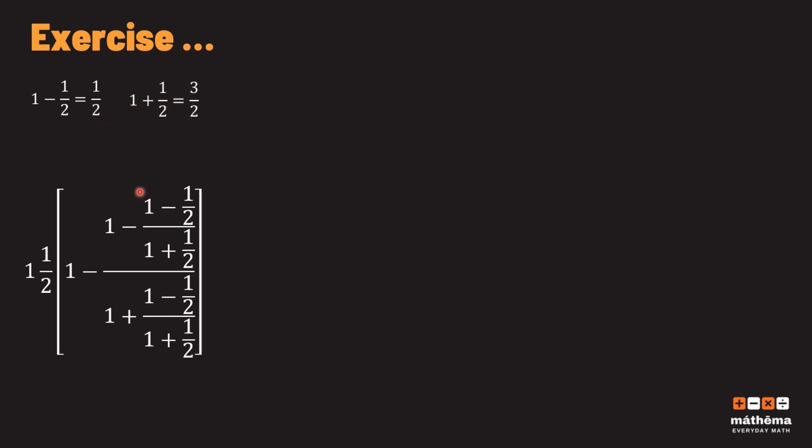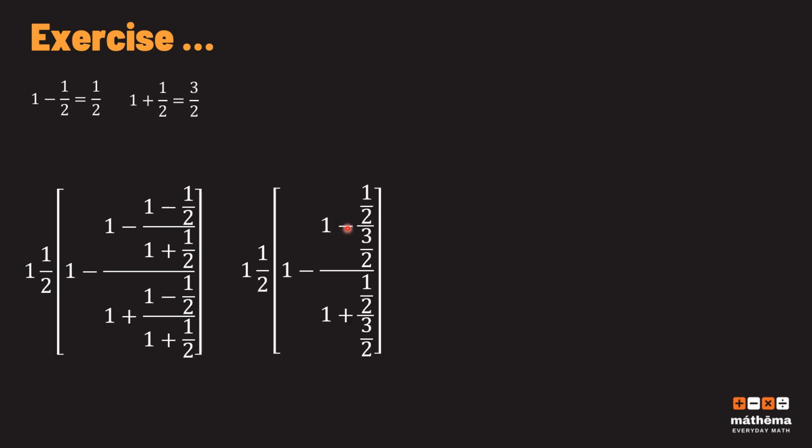So we are going to substitute this by 1 half and this by 3 halves. Let's do that. So we have now 1 half over 3 halves. Let us simplify further.